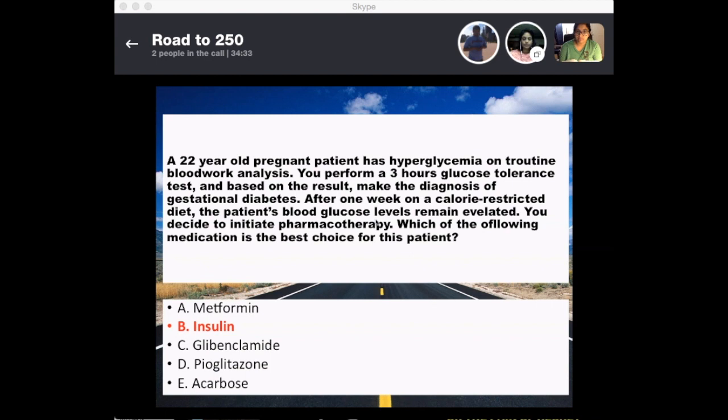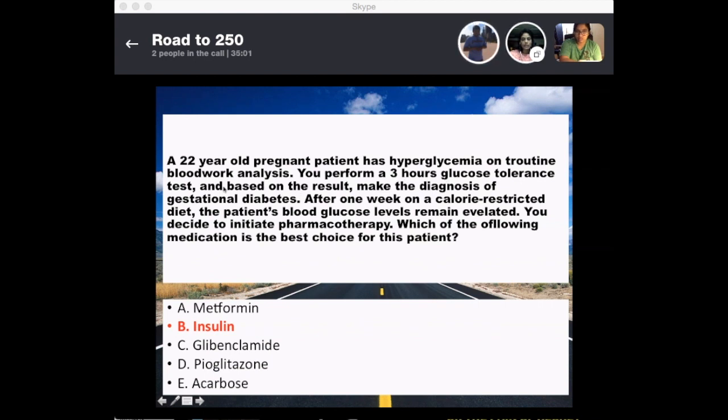I think it's dietary first, exercise second, and insulin third. Yeah. If everything fails, insulin will be the last choice. In this patient, they did calorie restriction as an option. Usually in gestational diabetes, when they do the 3-hour glucose tolerance test, it will normalize within that 3-hour test.